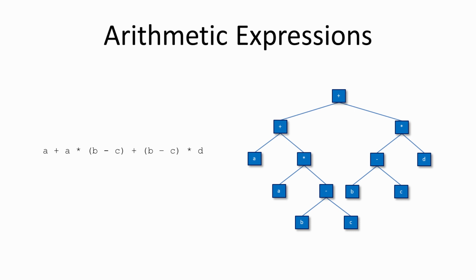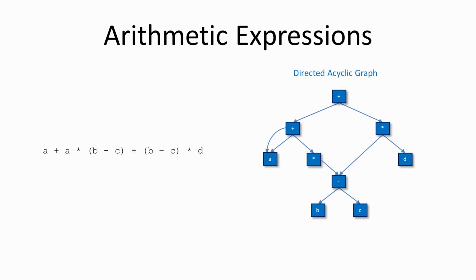Here's a complex expression and a matching expression tree. With a directed acyclic graph, an operand need only be represented once, even if it occurs multiple times in an expression tree. Notice how the A occurs twice in this expression, but only once in the graph, with two edges to its parent node, the plus sign.